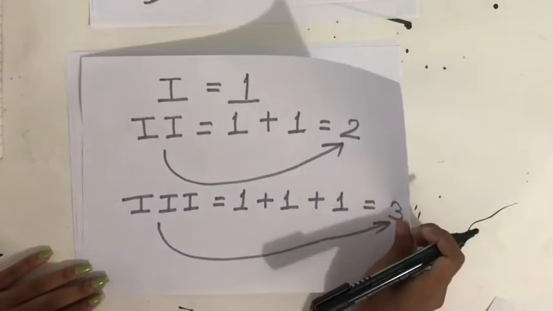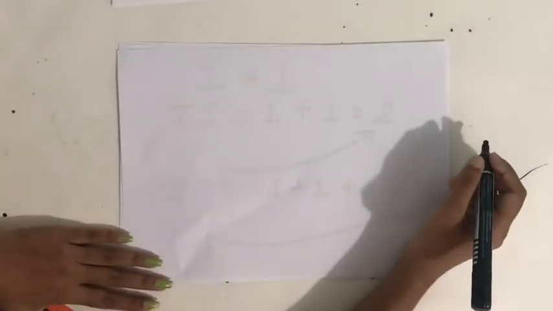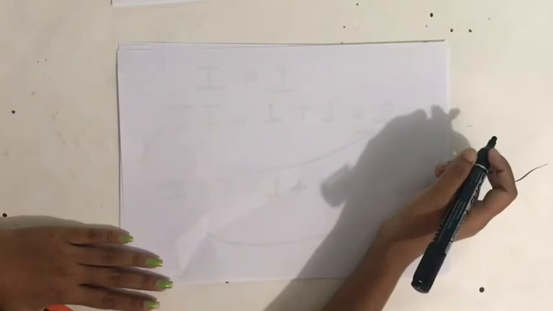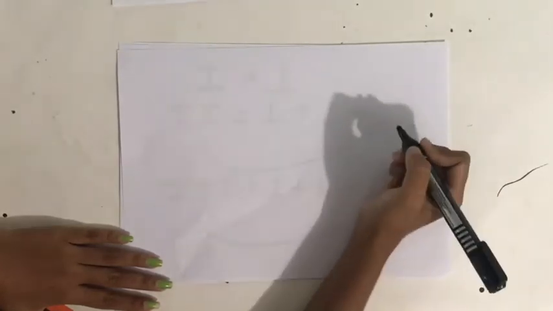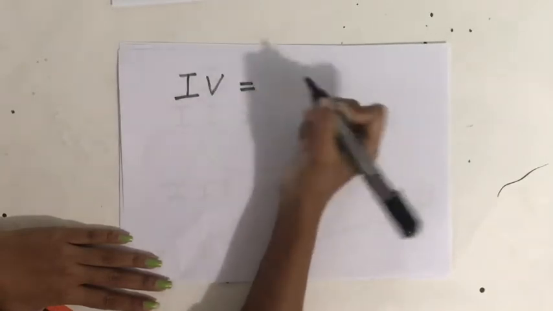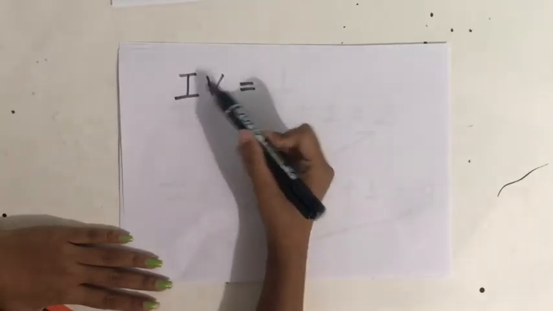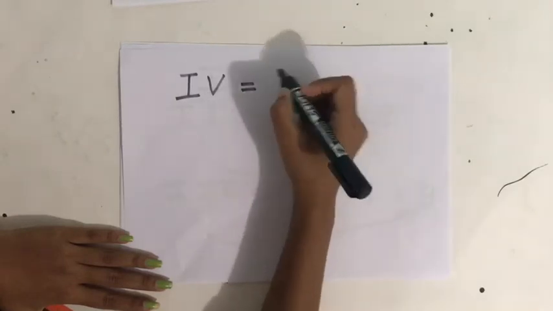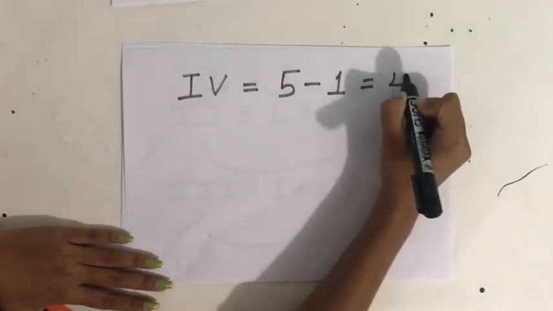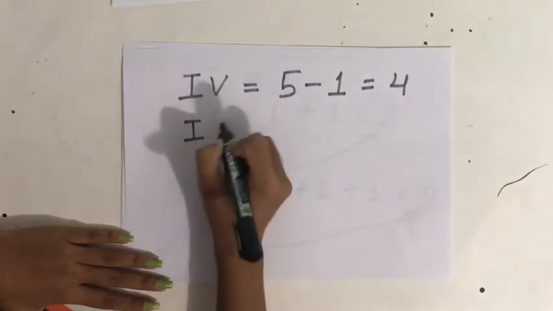Now let's go to rule number 2. If a smaller symbol comes before a larger one, the value of the numeral is the difference of the values of the symbols. Let's learn from the examples. IV. Here I is smaller than V. That means 5 minus 1 equals 4. IX.